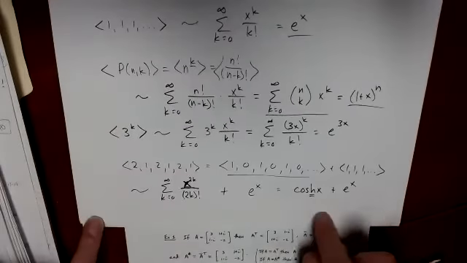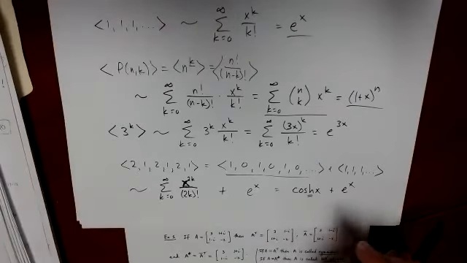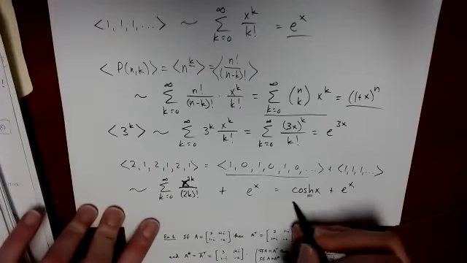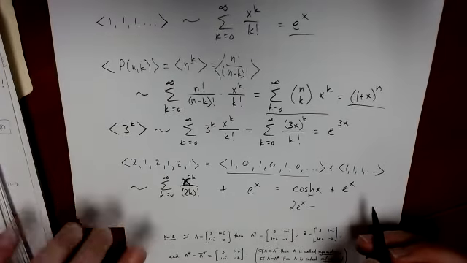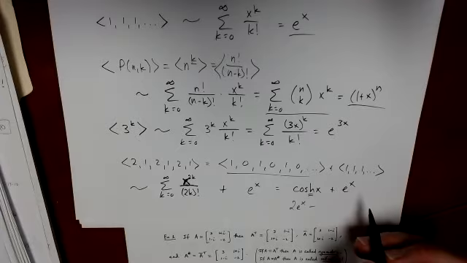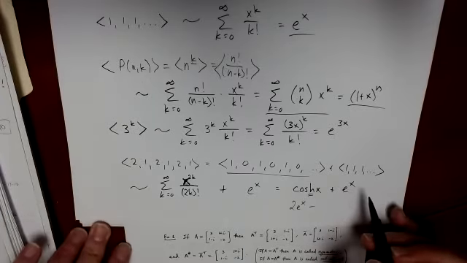There are other ways that we can write this one. We could have written it as 2e to the x minus, double check, make sure that works. I have a 2 everywhere.